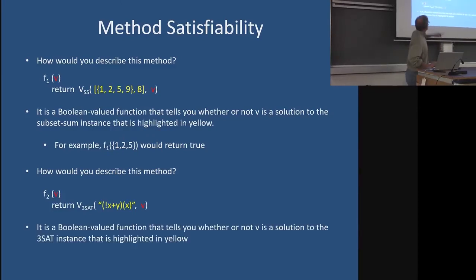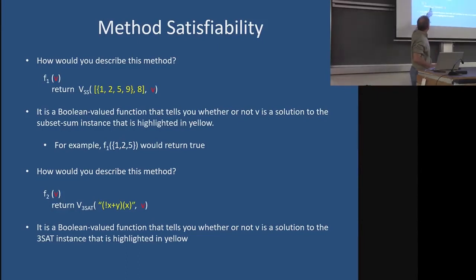So what's the difference between this and just the verification algorithm for 3-set? What's the distinction? How does F2 differ from the verification algorithm for 3-set? Yeah? F2 encapsulates the problem, the instance. Right, so what he said was F2 encapsulates the instance.